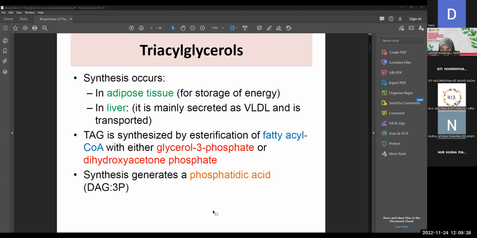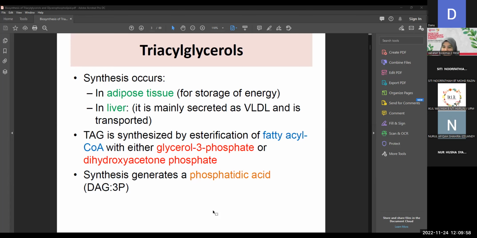All right, so now let's go back to triacylglycerol and the biosynthesis process. It can occur in adipose tissue. We know that adipose tissue is the location where we have fat being stored, for energy.